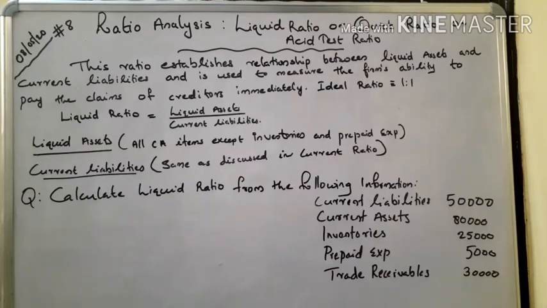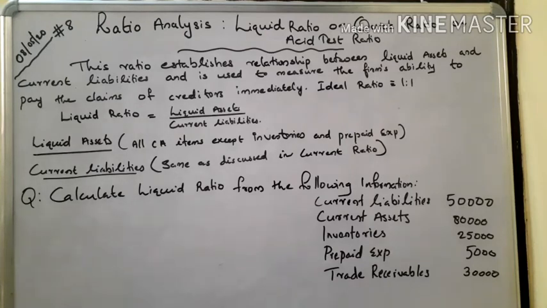In the case of liquid ratio, which also shows the relationship between liquid assets and current liabilities, the ideal ratio is 1:1, meaning 1 lakh rupees of liquid assets is enough to pay off the current liabilities immediately.